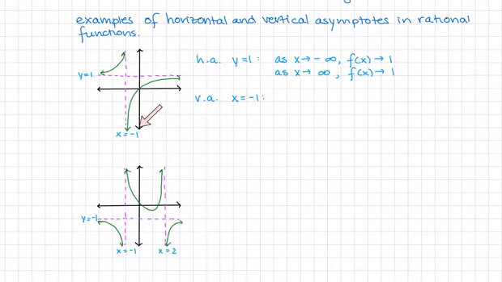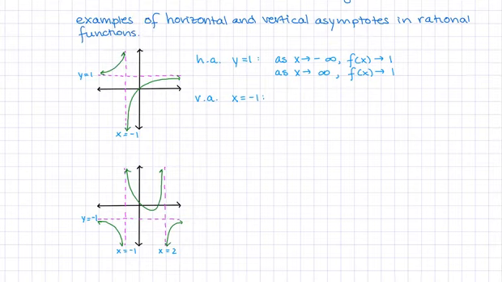And the graph is actually doing two different things on either side. It doesn't always do different things, but in these examples it does. To the right of the vertical asymptote, we can see the graph is going down, or f of x is approaching negative infinity. But to the left of the asymptote, we can see that the graph is going up, so it's approaching positive infinity.